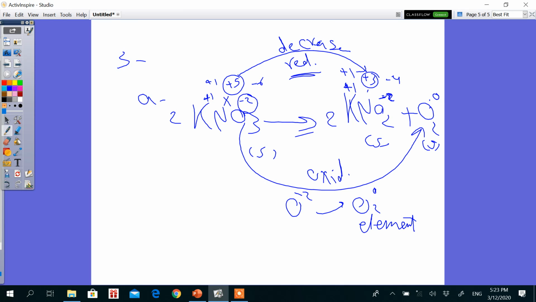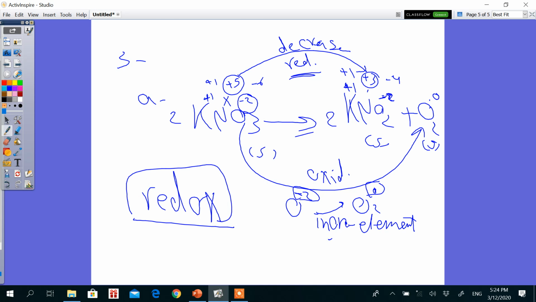From negative 2 to 0 is oxidation, because of the increase in the oxidation number. It's very important. So that reaction is a redox reaction, because oxidation occurs to oxygen and reduction occurs to nitrogen.